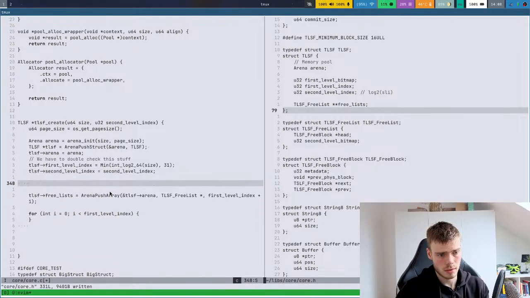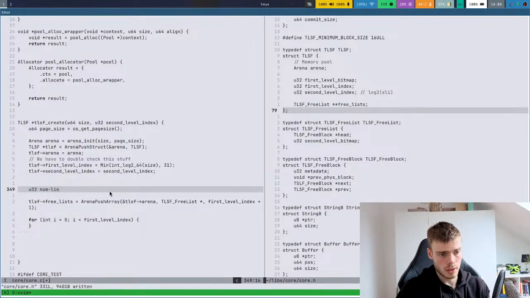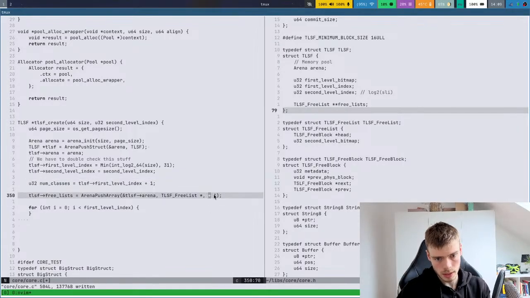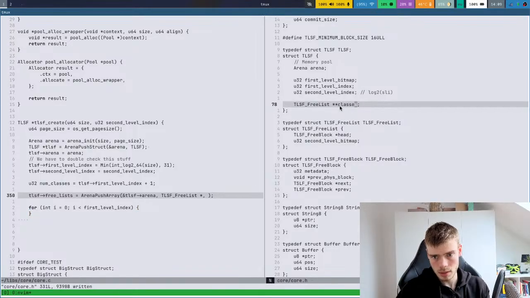Oh. Num lists. Classes. Let's say this is first level +1. I actually don't know if that's true, but okay. So this is num classes. Classes plus classes. Num classes.